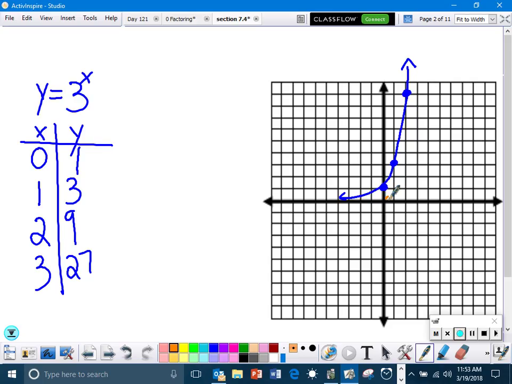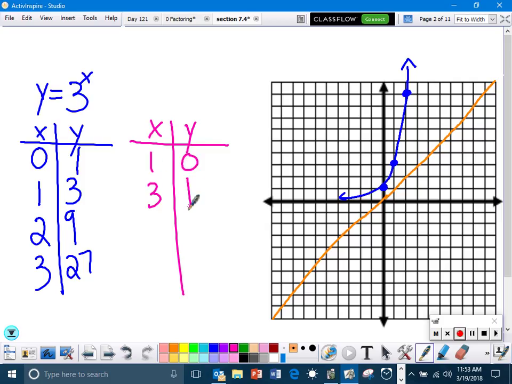Our reflection line is still right here. It's a little bit crooked. Hopefully you do a better job. The inverse would be 1, 0, 3, 1, 9, 2, 27, 3.